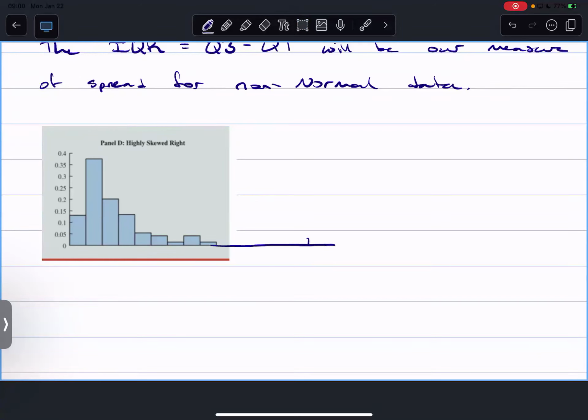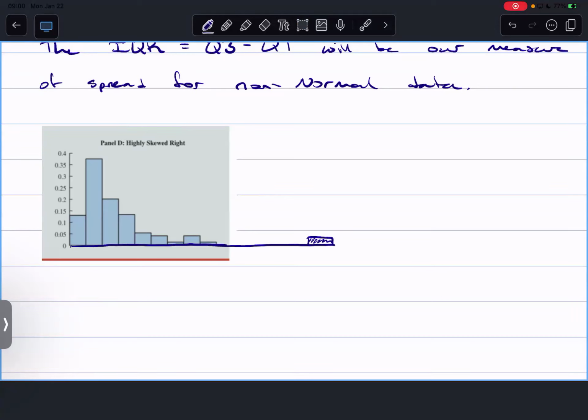So if I extend this and I put a fake data point out here, or maybe a couple, doesn't matter, all right? Just adding it to this distribution.